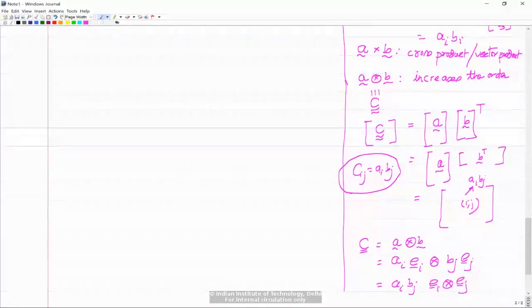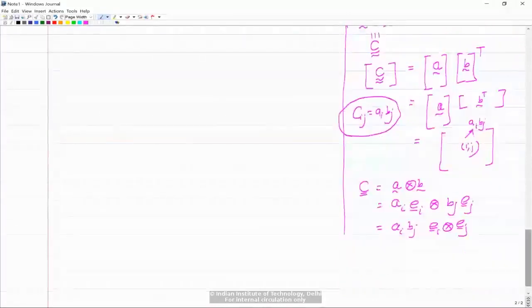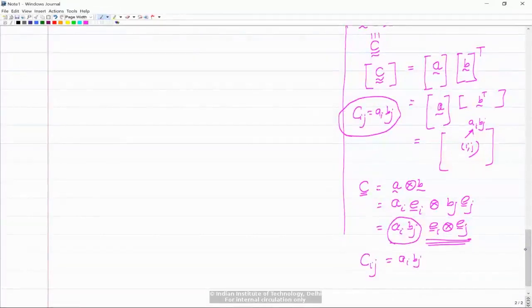Okay, so this is a special form of tensor, which is also called rank 1 tensor. So you can see this coefficient of ei tensor product ej are actually the components of the tensor C. Okay, and that's the ij component. So Cij is basically ai bj for this special tensor.